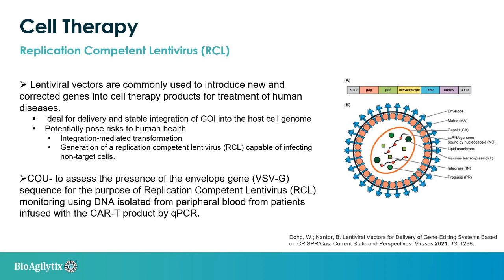It can pose a safety risk in patients by possibly infecting non-target cells, and thus it's a requirement to test for RCL to monitor these patients throughout administration of that cell therapy. And assays are typically set up similarly to the CMC space, where you're detecting the envelope gene, for example, a VSVG sequence or similar, for RCL testing. So very similar.